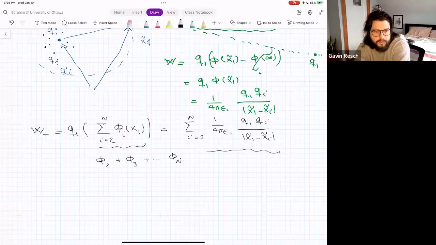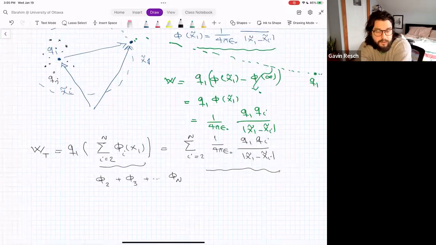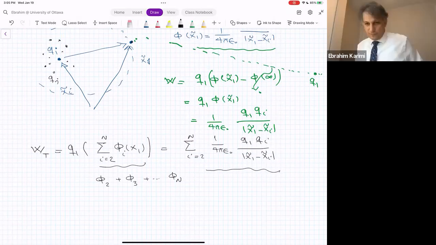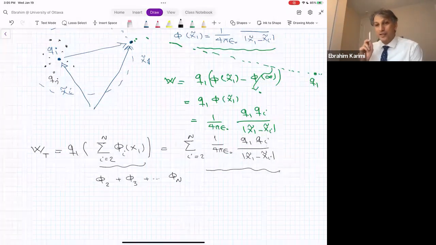But I guess what I'm saying is, if you have Q1 and then you bring in Q2 and then you bring in Q3 afterwards, isn't Q3 going to feel the potential of Q1 and Q2? Definitely. I'm not considering the total potential there. I'm considering only the work that is needed to move Q1 there. I'm not considering what is happening with the whole charge distribution here.